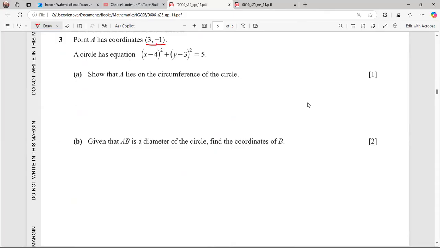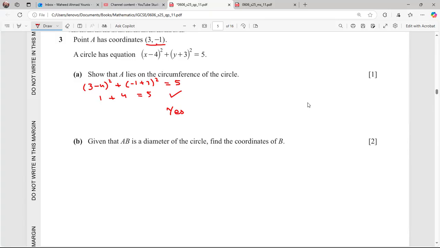So if I substitute for x, I put 3, so (3 minus 4) squared plus for y, I put (minus 1 plus 3) squared. Is it equal to 5? Let's see. So 3 minus 4 is minus 1, squared is 1, plus 3 minus 1 is 2, 2 squared is 4. So yes, it is equal to 5. So yes, it is on the circumference of the circle.